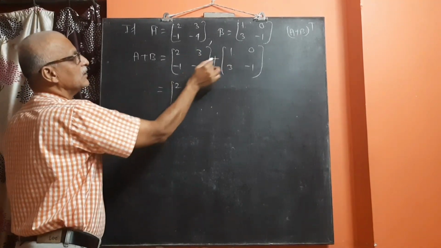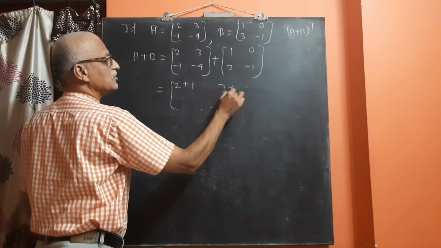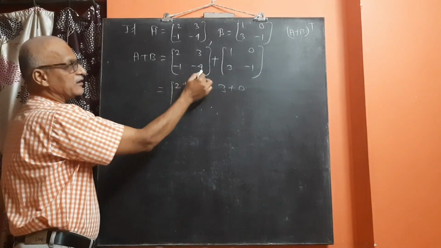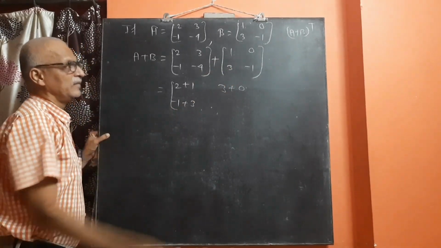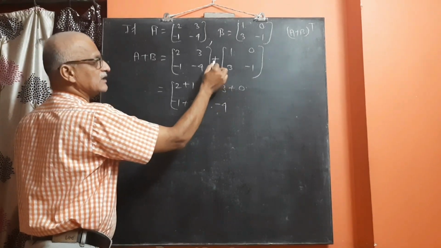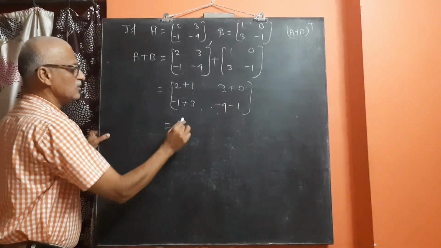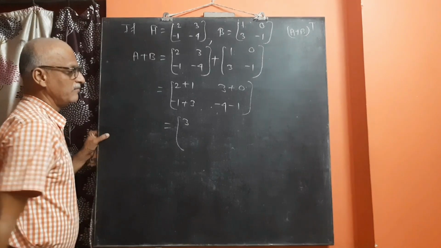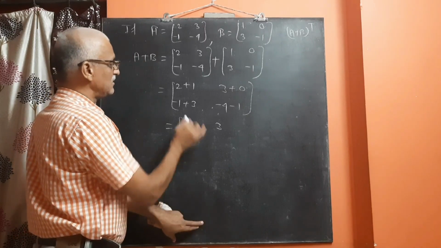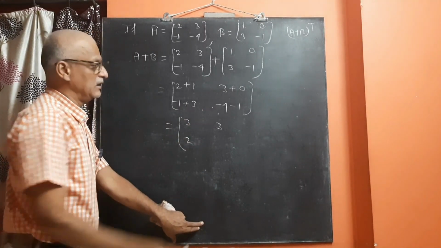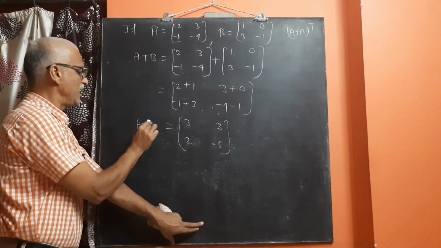We'll get 2 plus 1, then 3 plus 0, then here second row minus 1 plus 3, then minus 4 plus of minus, that means minus 1, which is equal to 2 plus 1 that is 3, 3 plus 0 that is 3, then minus 1 plus 3 that means 2, minus 4 minus 1 that is minus 5. This is the value of A plus B.